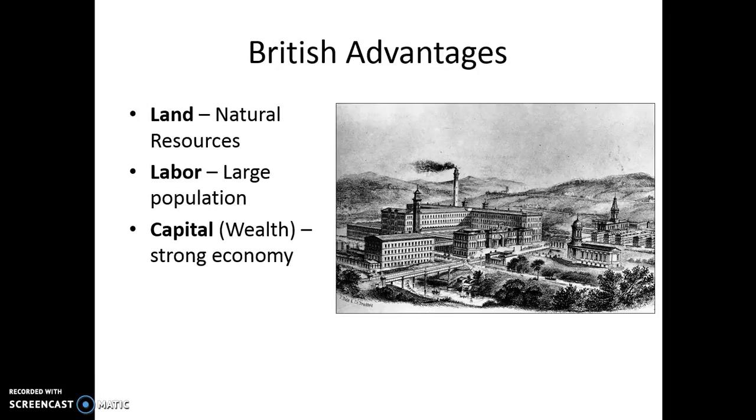Also, there was a large population, thanks to that agricultural revolution and the availability of food. A large population means you have a lot of workers available to work in your factories, and you also have a lot of people to purchase your finished goods. And then we also have a lot of capital. That means wealth. They have a very strong economy, and you have people who have money, and they can invest it into these new industries.